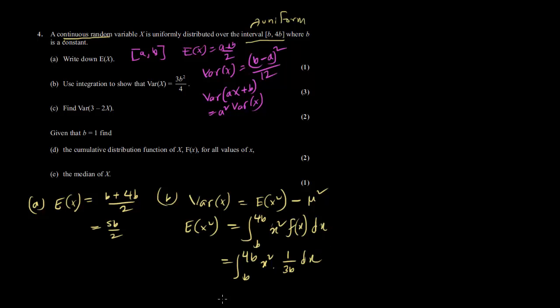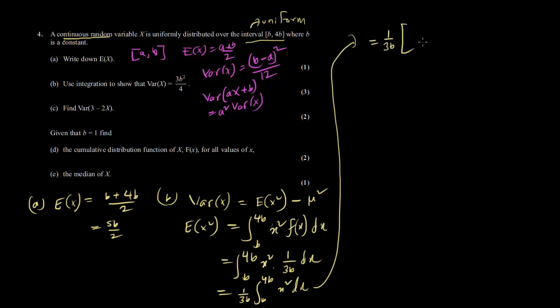Now in order to integrate this, we can bring the constant 1 by 3b outside the integral, and we can just integrate x squared. So 1 by 3b is outside the integral, and if we integrate x squared, it would be x cubed by 3, from b to 4b.